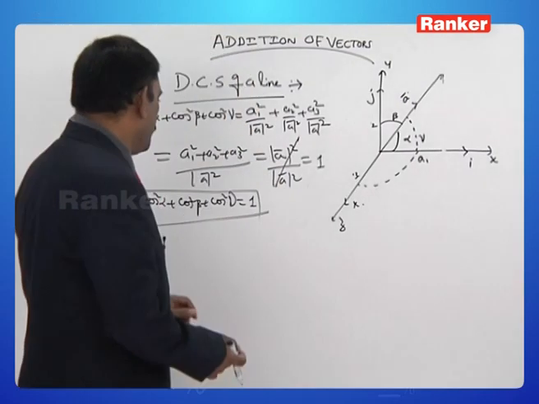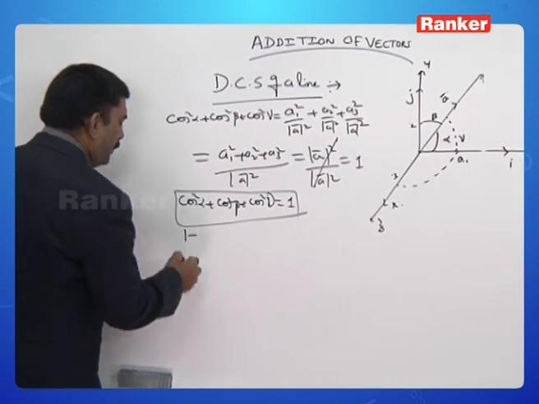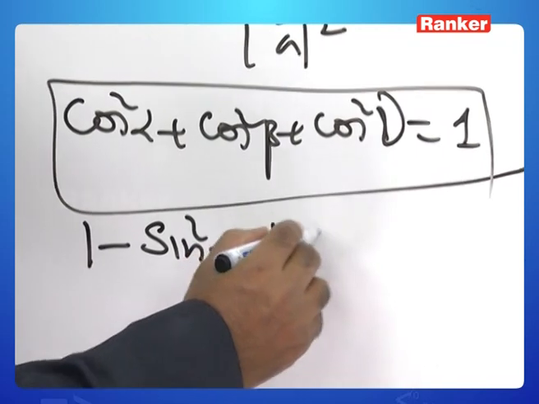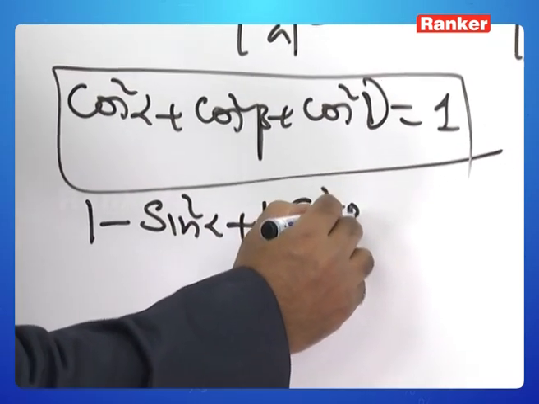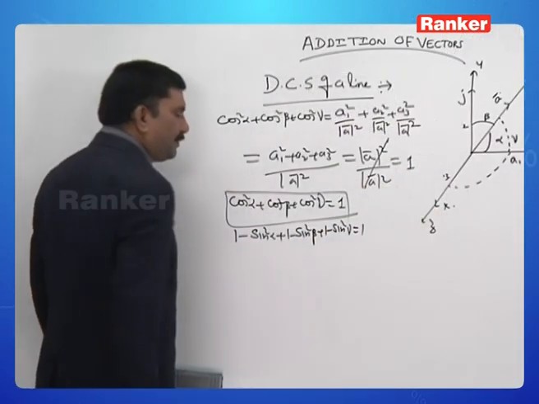Now, after knowing this, I can also write 1 minus sine square alpha plus 1 minus sine square beta plus 1 minus sine square gamma is equal to 1.